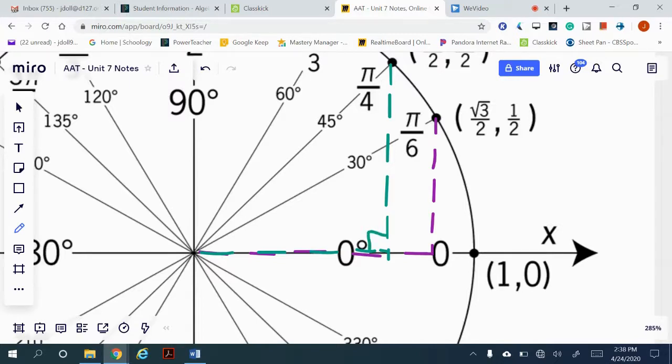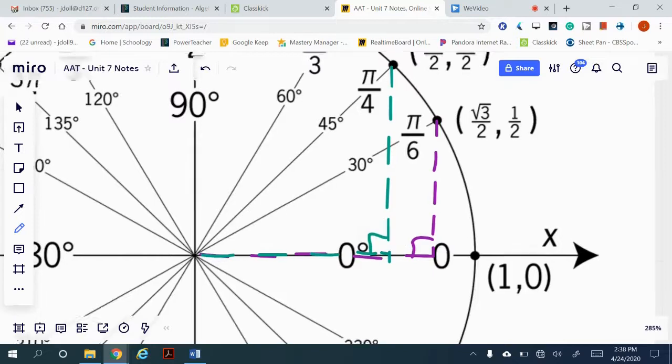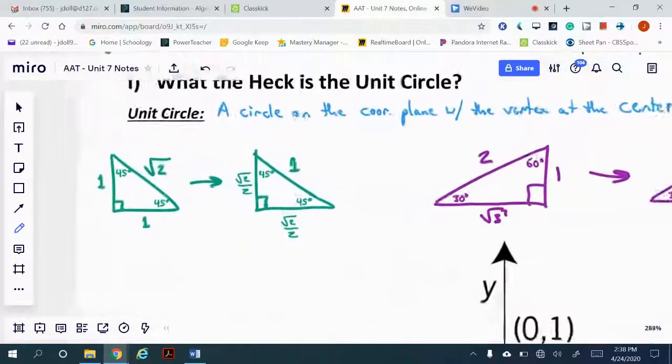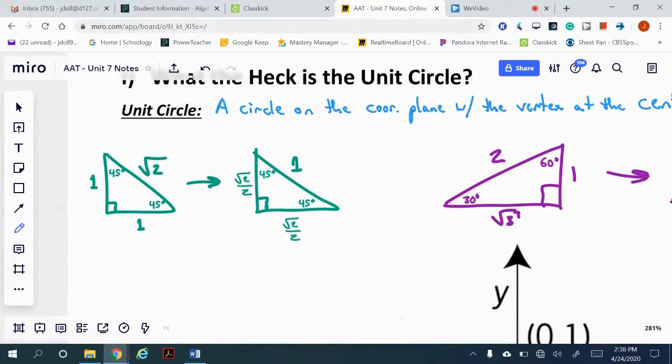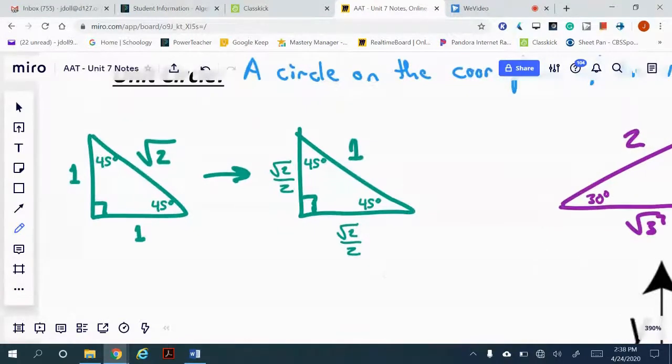You can see I have a right triangle here and a right triangle here. So essentially, this hypotenuse has a length of 1. So if I take the special right triangles from geometry and I change the relationships of the sides so that the hypotenuse is 1, I would get a special right triangle with different side lengths that have a hypotenuse of 1.